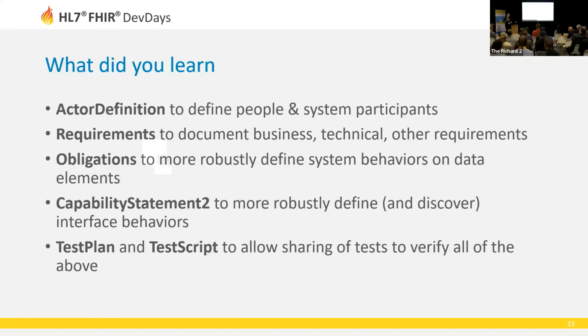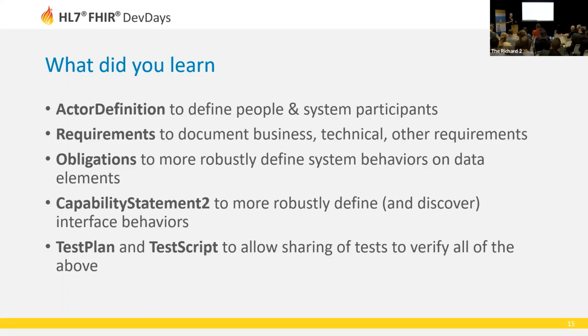So hopefully, when you walk out of this, you'll have a sense of what these different conformance resources are for. Actors lets you define the people and participants involved in the exchange. Requirements allows you to document your business and your technical and your other requirements and give you traceability on those.